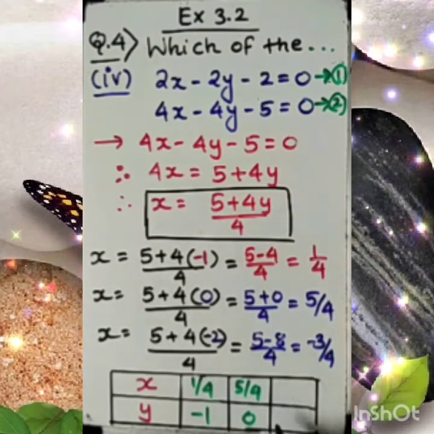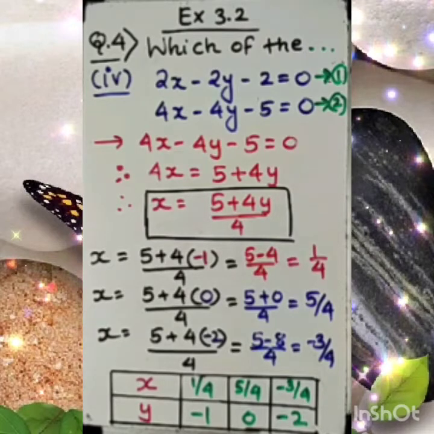And in the same way I am choosing -2 and I got the value -3 by 4. Don't worry about the locating point, but the result: which points do we need to locate on the graph paper now? 1 by 4 comma -1, 5 by 4 comma 0, -3 by 4 comma -2.